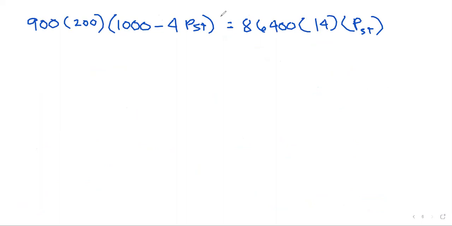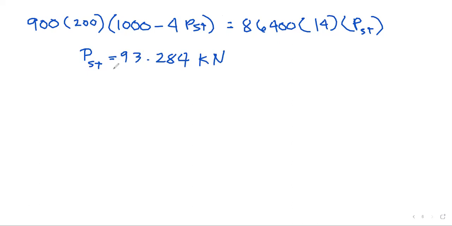Entering 900 times 200 times 1,000 minus 4X equals 86,400 times 14 times X, then shift solve. The force P steel is equal to 93.284 kilonewton.